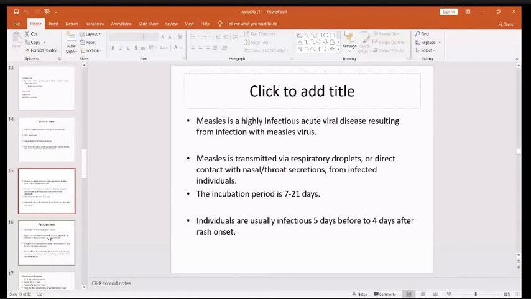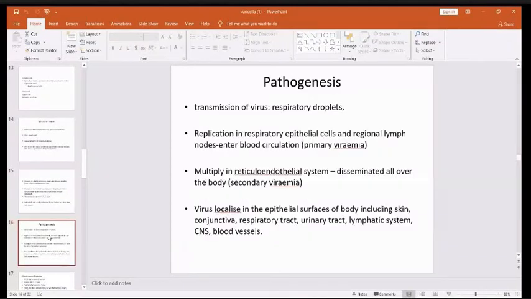After the primary viremia, they reside in the reticuloendothelial system and then get disseminated all over the body. During that time, they localize in the skin, the respiratory tract, and the urinary tract, so they can reach different systems. As they localize in the skin, they produce rash. The incubation period can range from 1 to 3 weeks, so on average we can consider 1 week.